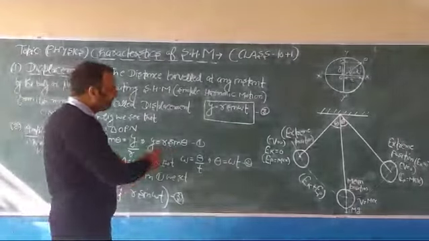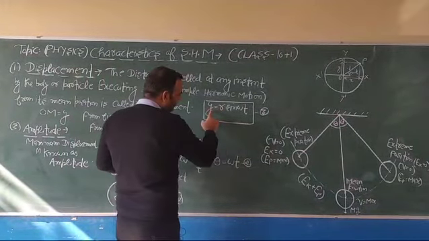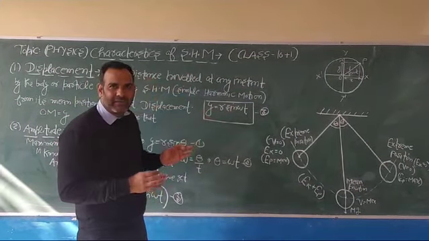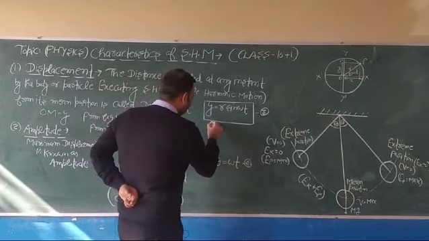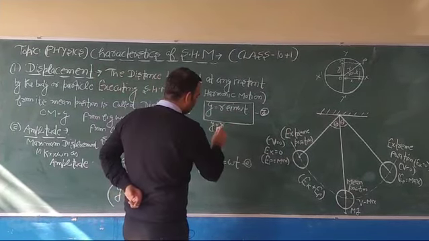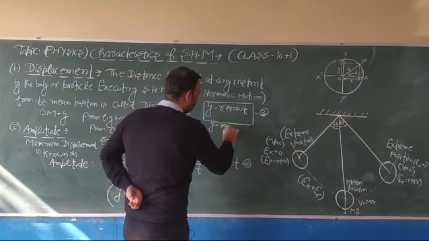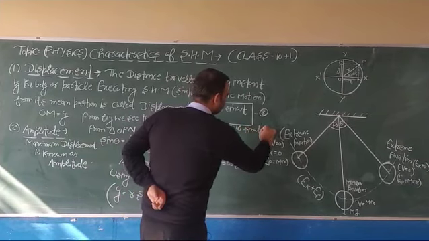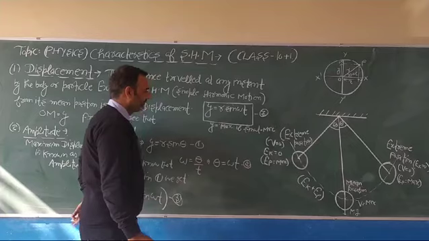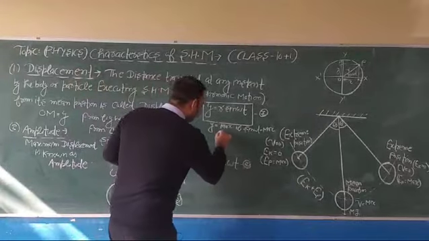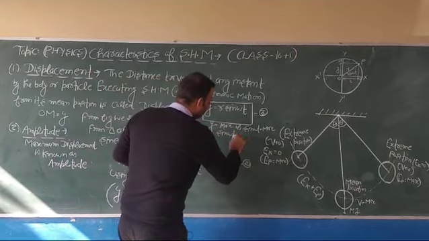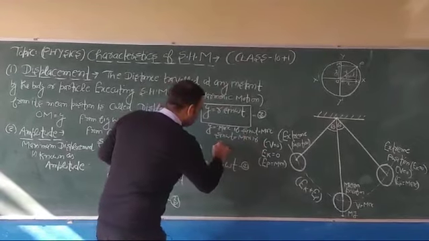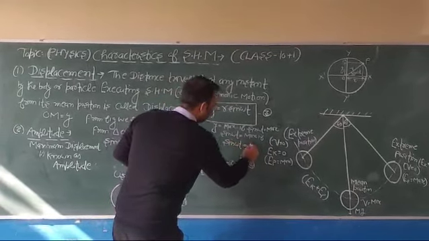Now from the equation we see that y is equal to r sin omega t. This displacement will be maximum if y is equal to r. Here we can say that y is maximum if sin omega t is maximum, and sin omega t is maximum if sin omega t is equal to 1.